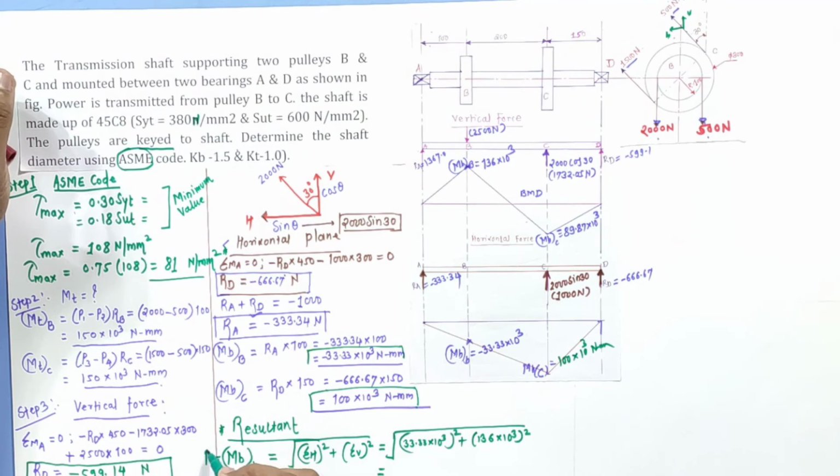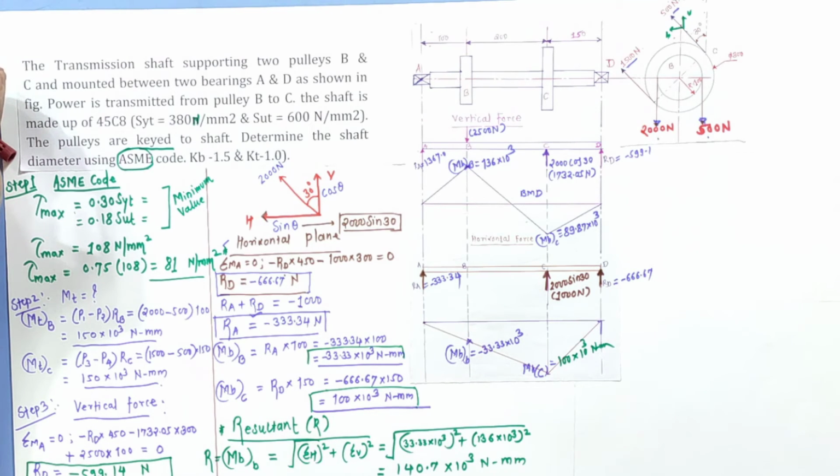So I'll get 140.7 into 10 raised to 3 Newton mm. This will be the resultant bending moment at pulley B.